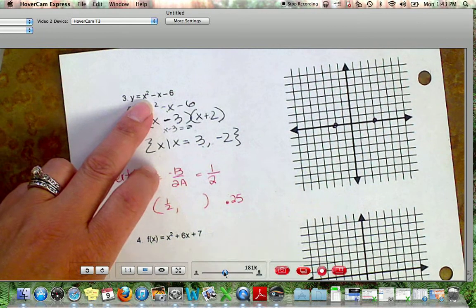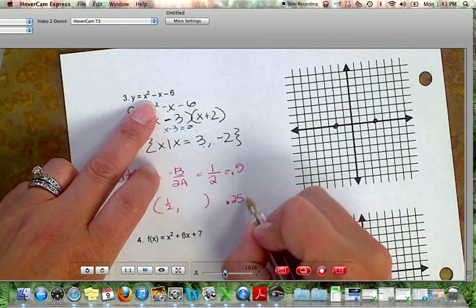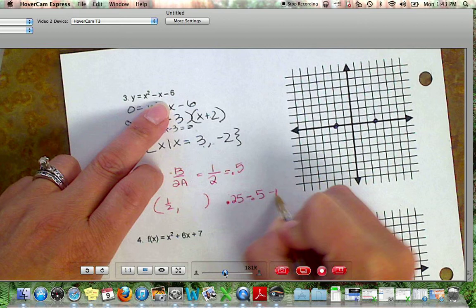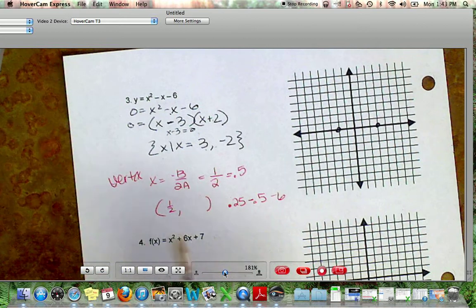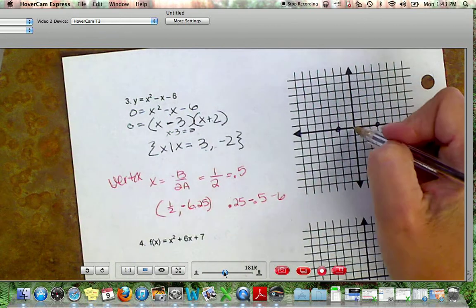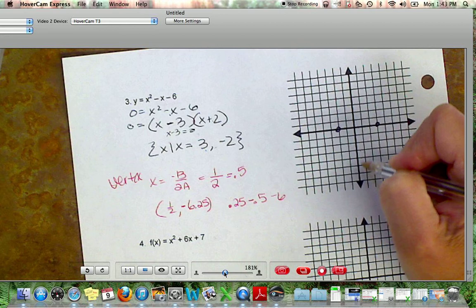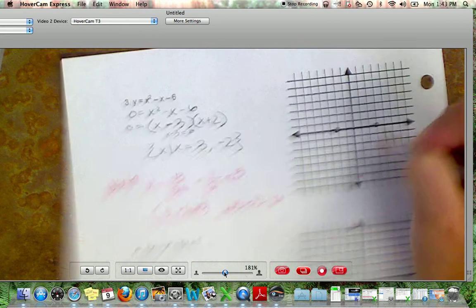So 0.5 times 0.5, 0.5 squared would give you 0.25, minus 0.5, minus 6. And so for this one we get -6.25. So we've got 1/2 and -1, 2, 3, 4, 5, 6.25.